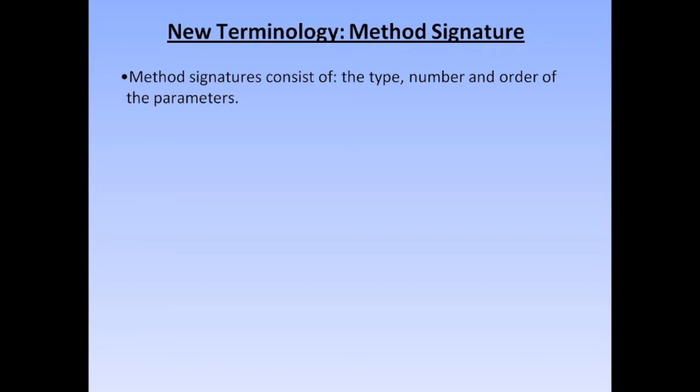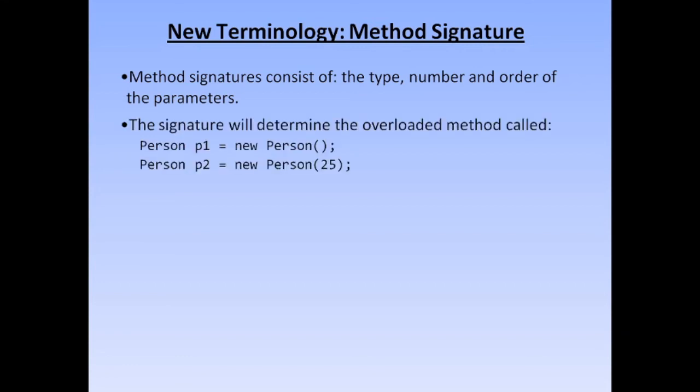The return type is not considered as part of a method signature. The signature will determine the overloaded method called. Whenever a new object is created, it will depend upon the arguments and the types of arguments passed inside the constructor, which constructor it is going to call.